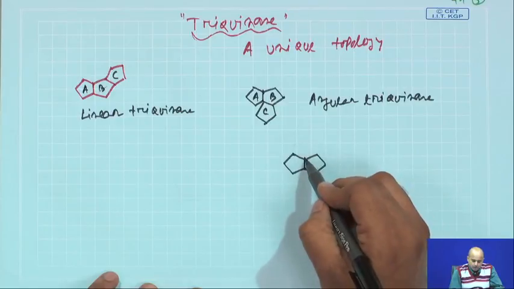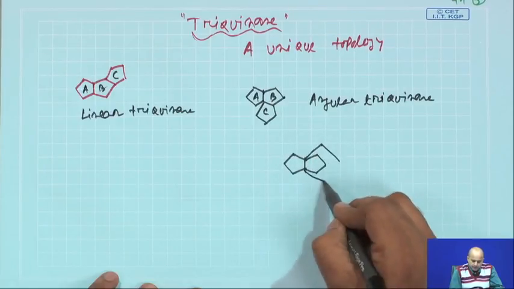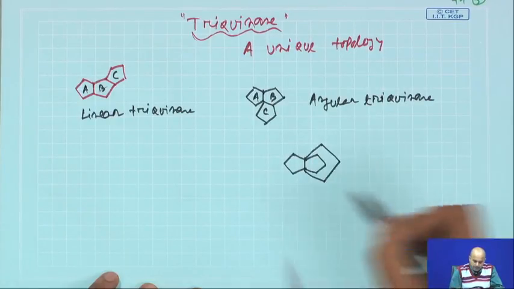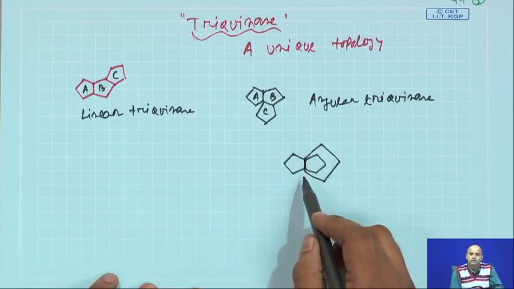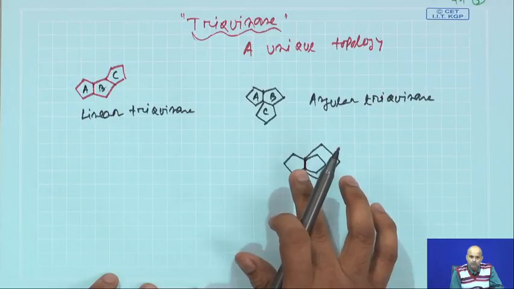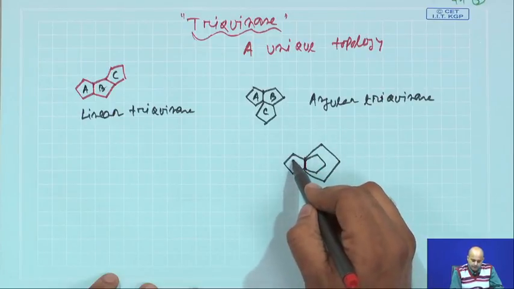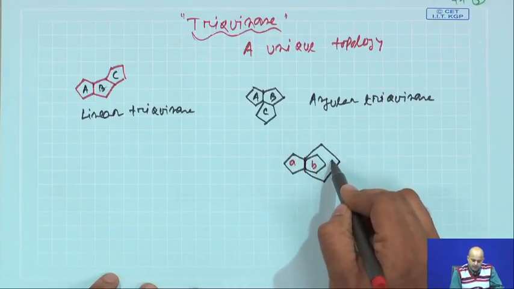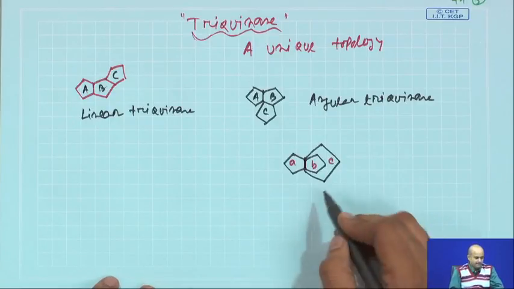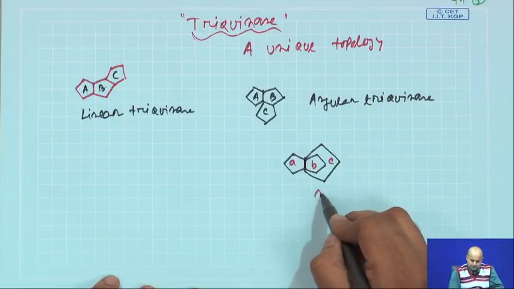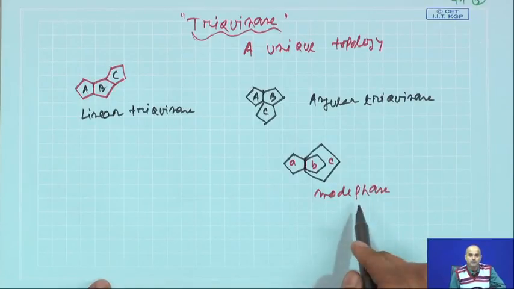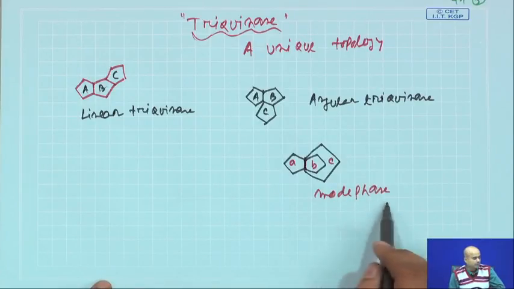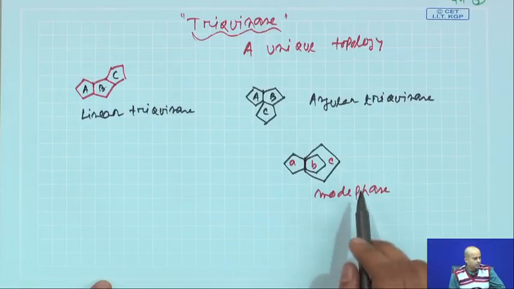In addition, there is another interesting structure which I have already discussed, called propellane, where you have a common bond which is common to all the three rings, ring A, ring B and ring C. This framework is basically named as the modhephene framework, and if you remember the symmetry based strategies, we talked about such molecules like modhephene.